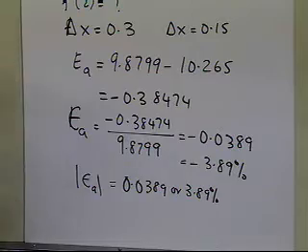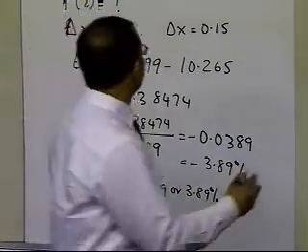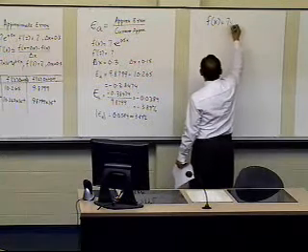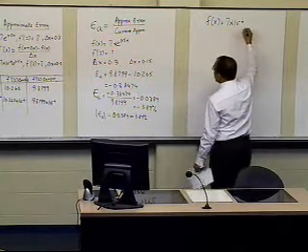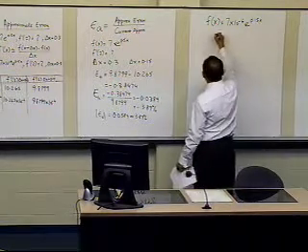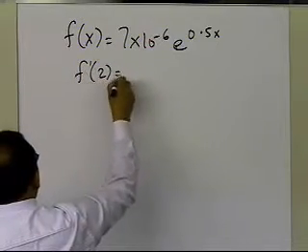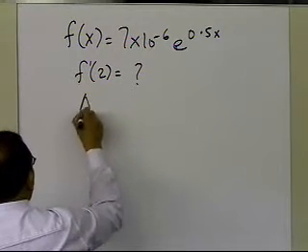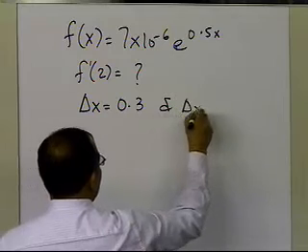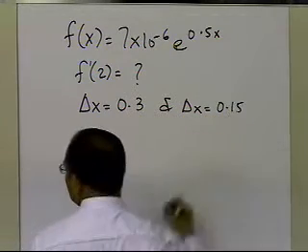Now, if we had the other example which I showed you earlier, that if I choose f of x equal to 7 times 10 to the power minus 6 e to the power 0.5x, and somebody is asking me to calculate f prime of 2 using again delta x equal to 0.3 and delta x equal to 0.15.